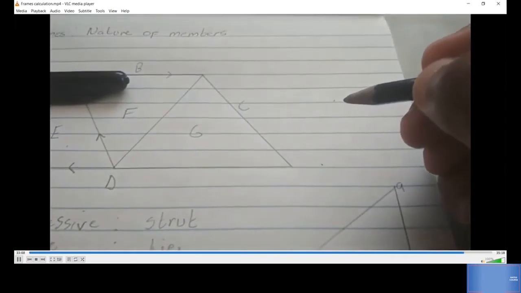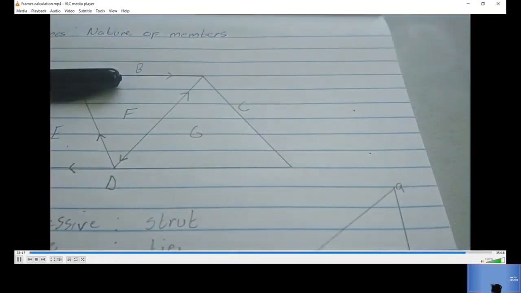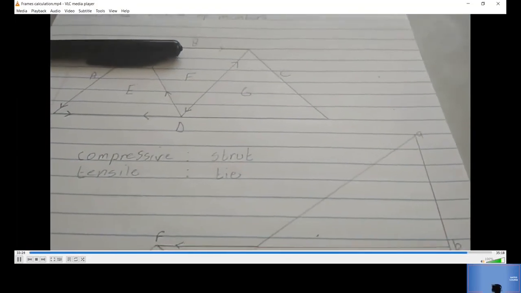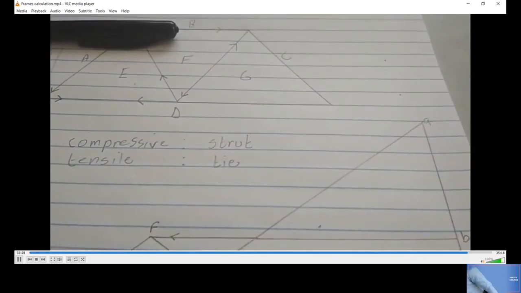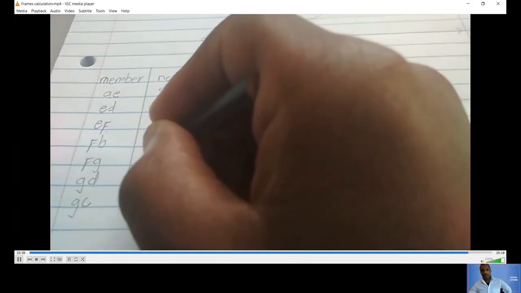We take that, remember we're standing there in that direction, and we put it right there, and then we balance it. So it's expressing itself by pulling itself apart. Therefore, it means it's experiencing compressive forces. That's making it a strut.